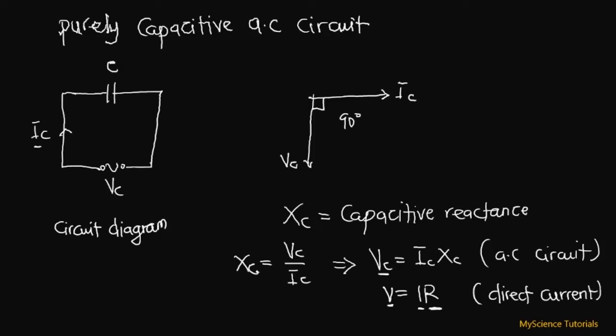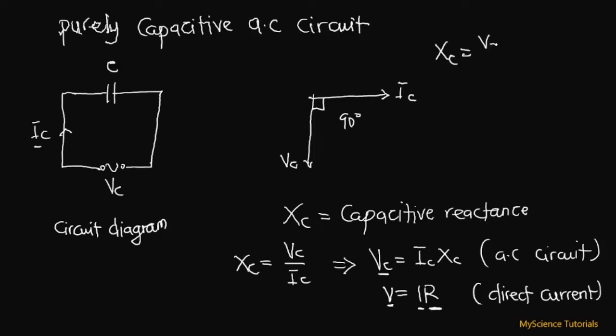Now we said that the capacitive reactance is given as the ratio of the capacitive voltage to the capacitive current. We also know that in an AC circuit, the current and the voltage do not go in a straight line, they go in a wave-like pattern. So this formula can also be written in another way.